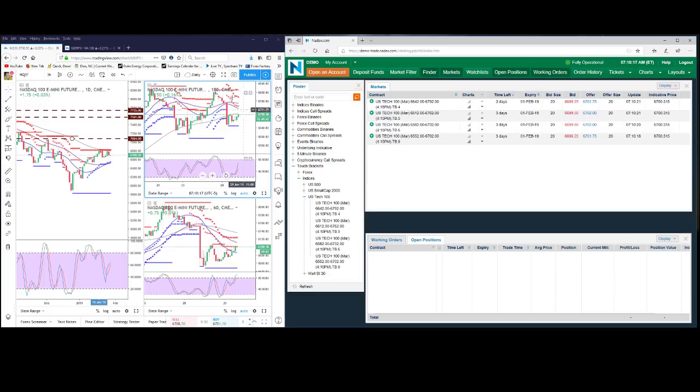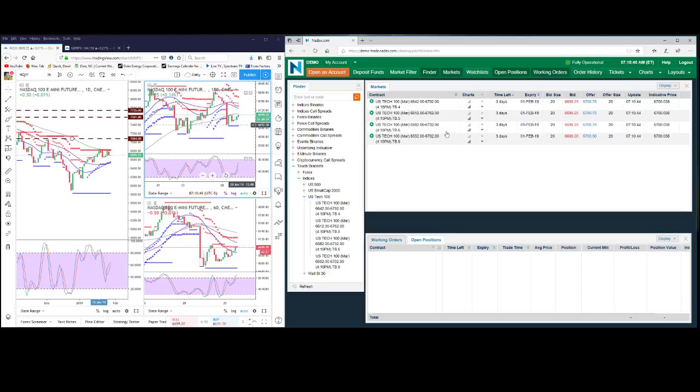Now, the first thing that I want to do is say, okay, price is trading at 6,700. Now, do I have a short bias or do I have a long bias? Okay. Now, if I have a short bias, then I'm going to start looking at the ceiling prices.